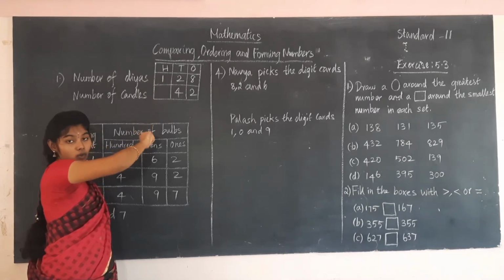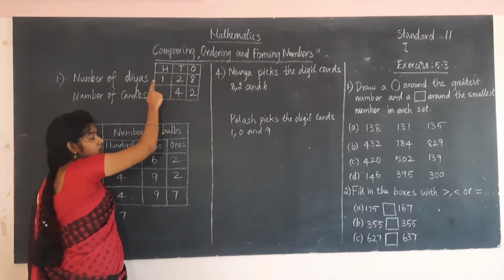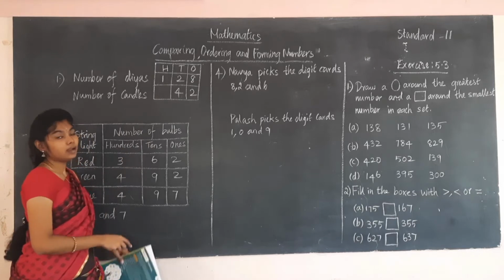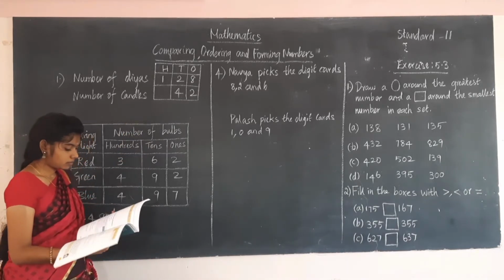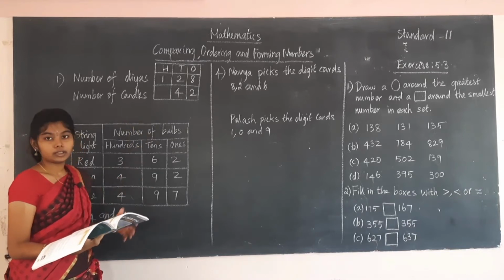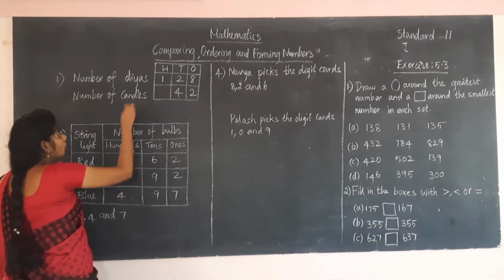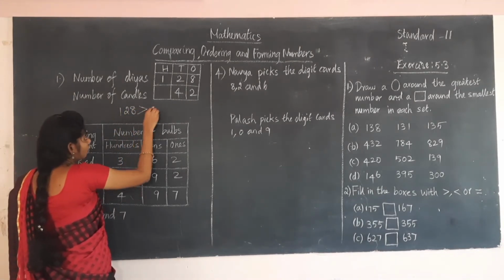They have asked which one is more. So which one is more here? The diyas are more, because in the hundreds place there is 1. So we will say that diyas are more than the candles that mother buys. This is the answer. How do we represent that with the sign? First we write the number 128, which is greater than 42.